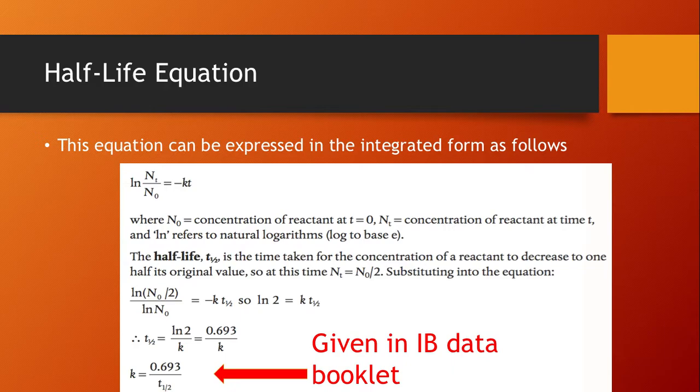The thing you need to take note of is the very last equation, which is given in the IB data booklet. This is a way to look at the half-life, T 1/2, and you can see where it's equal to K, we have our rate constant. Don't worry too much about the first part, but pay attention to the bottom equation.